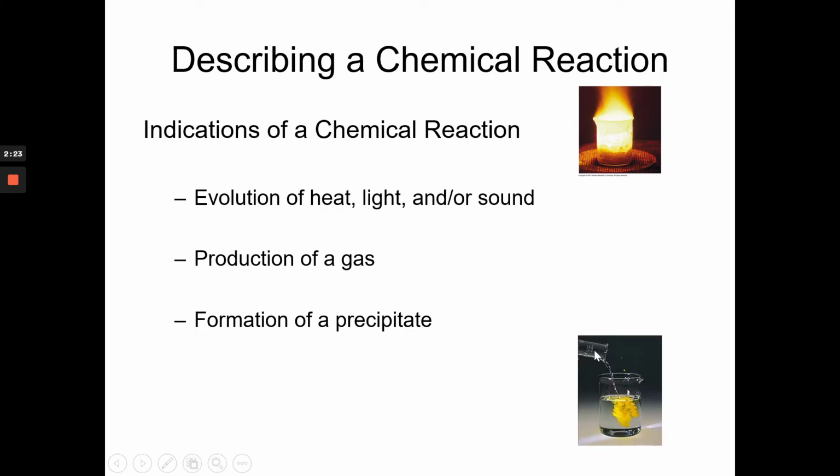So here I have a clear liquid poured into another clear liquid, and it produces this yellow precipitate, this yellow solid. And so when I say color change, I'm thinking colorless plus colorless makes yellow. That indicates a chemical reaction. Now, if you simply add red paint into white paint and it turns pink, that's a physical change. That's not any color change indicating a chemical reaction is occurring.